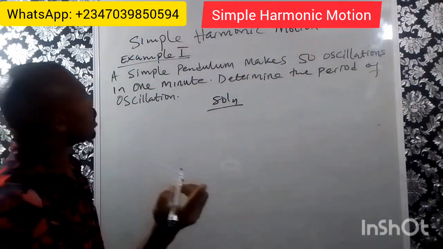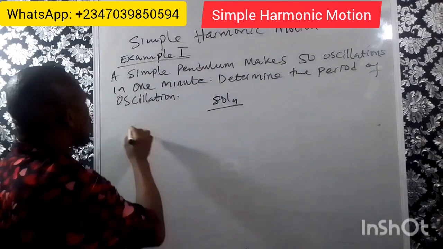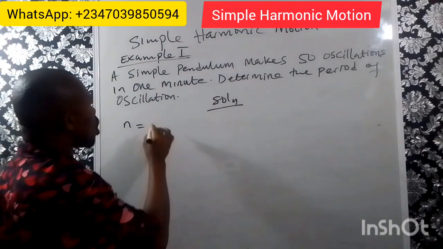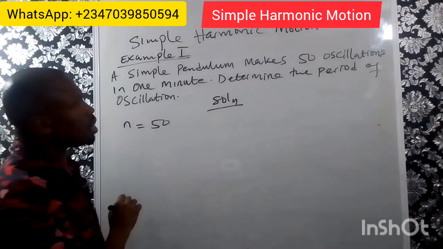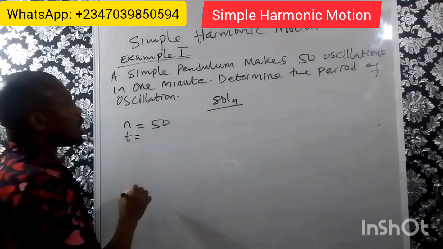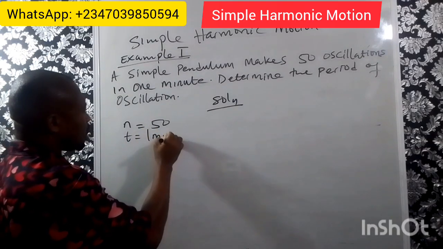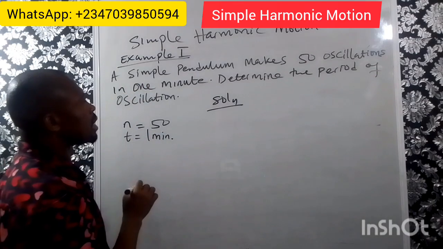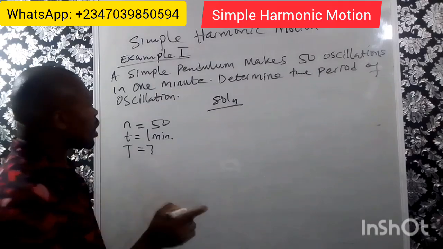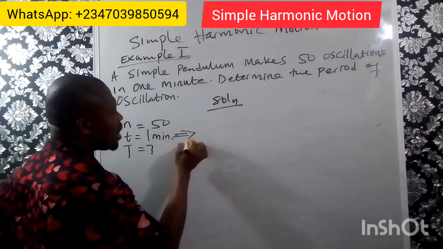From here, n, which is the number of oscillations, is 50. Now the time for the oscillation is 1 minute. And it says determine the period, T. One thing we have to do here is to convert this.